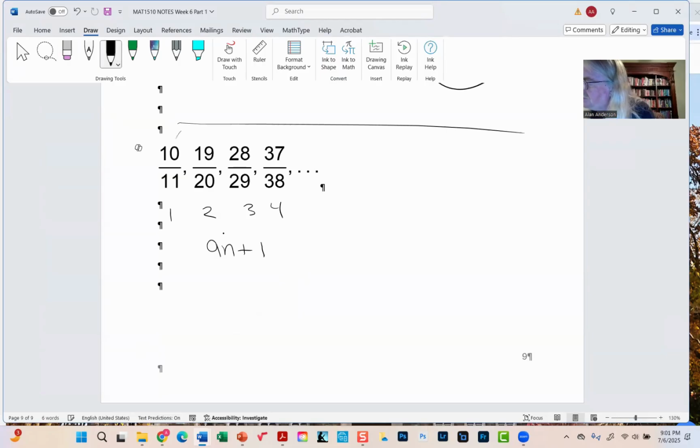That would give me 10, 19. Yeah, all right. So I'm happy with my numerator. The denominator looks like it's 9n plus 2.